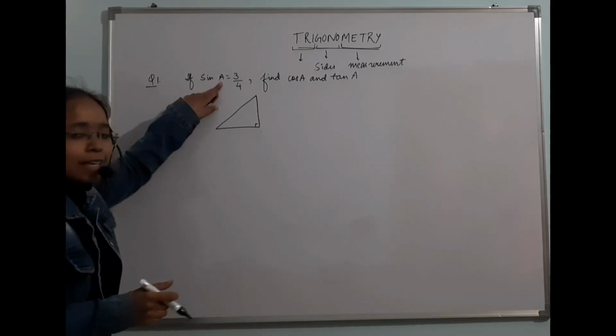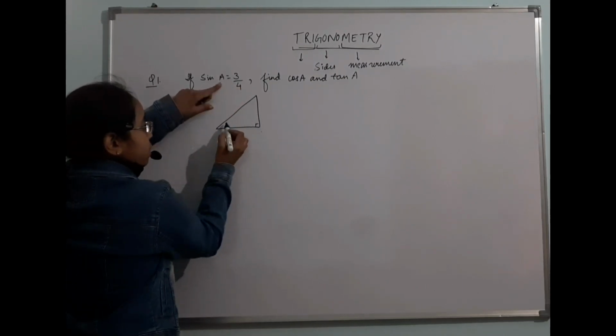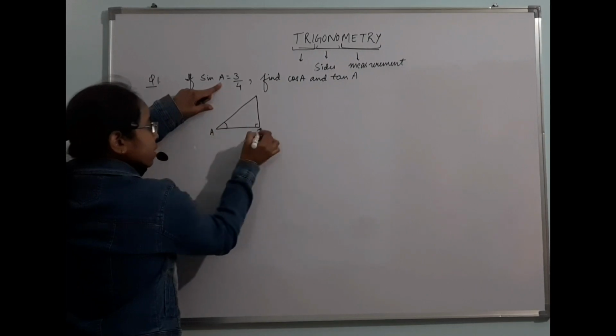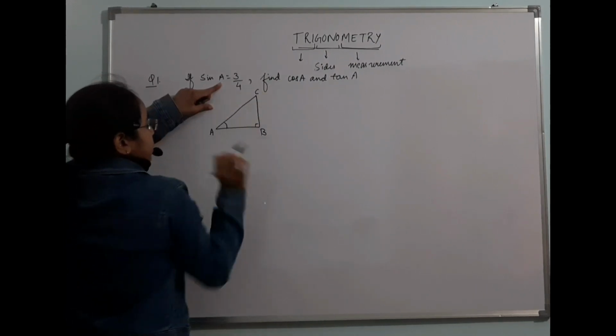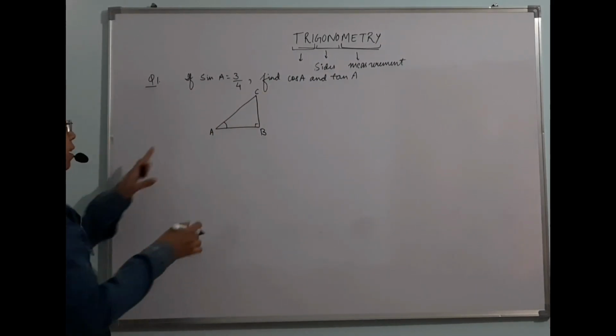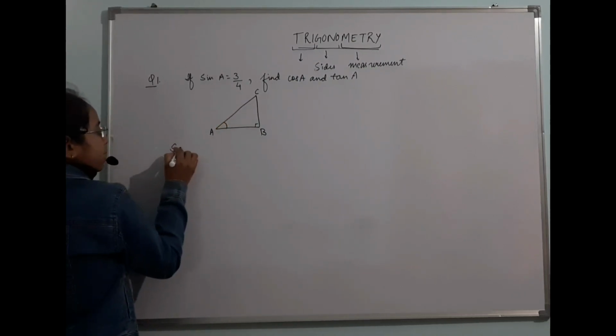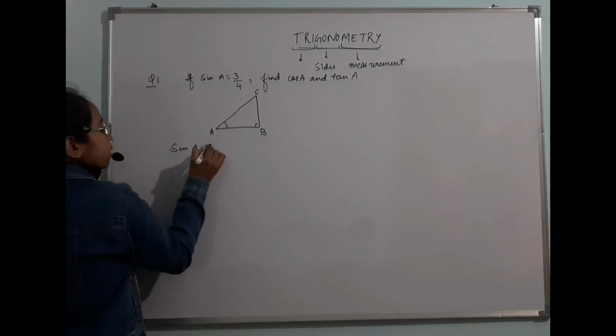We are finding the ratios with respect to angle A, so we will put angle A this side. This we can name as ABC. This is a right angle triangle in which we are given sine A is 3 upon 4.